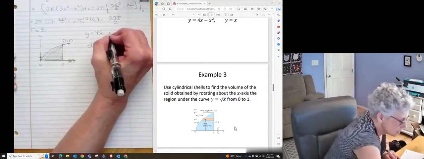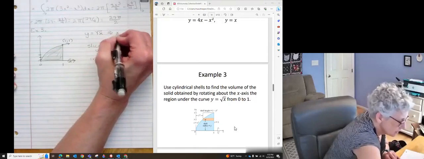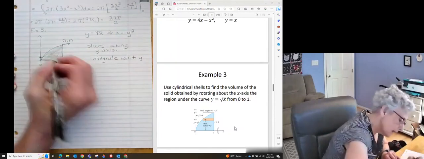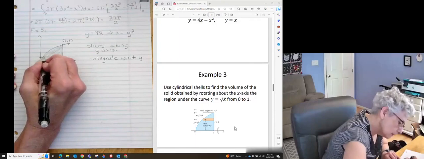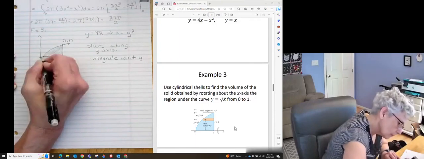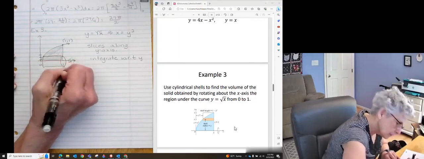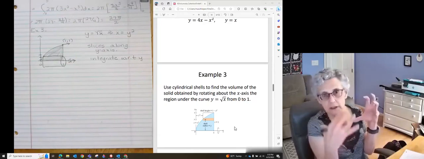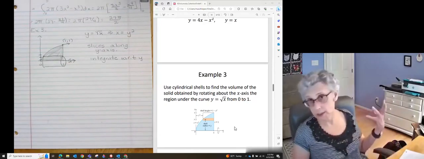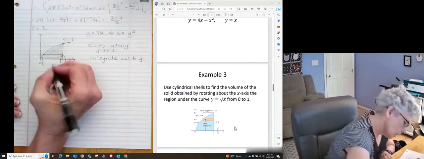I need a function with y's in it. Well, y equals the square root of x. That means that x is equal to y squared. And now let's draw in a cylinder. This time the cylinder is surrounding that axis of rotation, which is the x-axis.